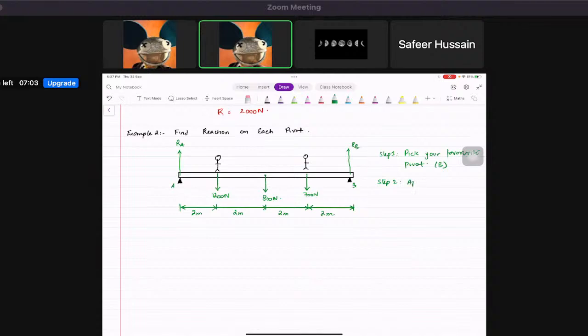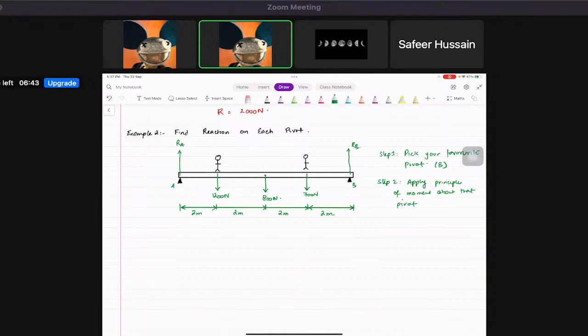And then when you pick one particular pivot, apply the principle of moments about that pivot, and just think that the other pivot is gone.